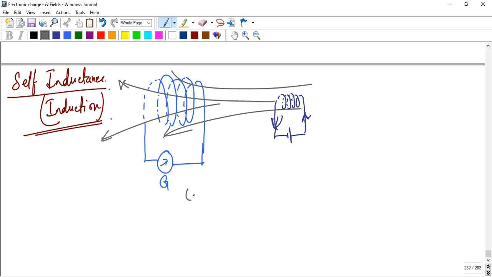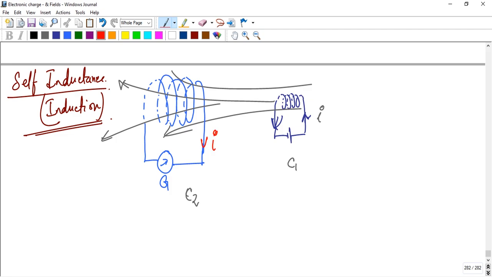So the current in coil 1 produces a magnetic field, and that flux passes through coil 2, and then an induced current is generated there.